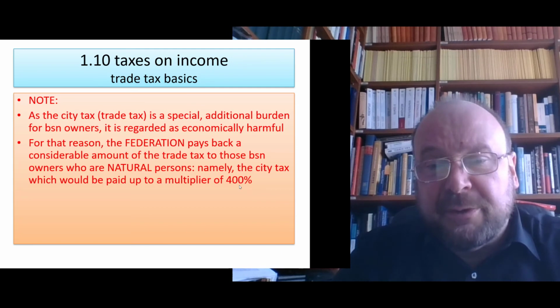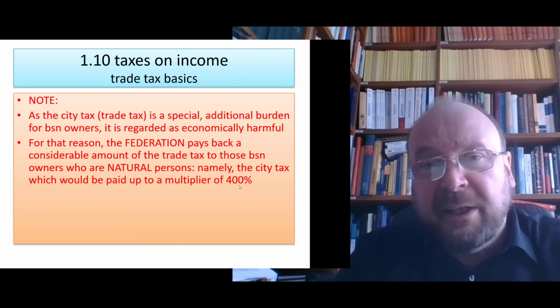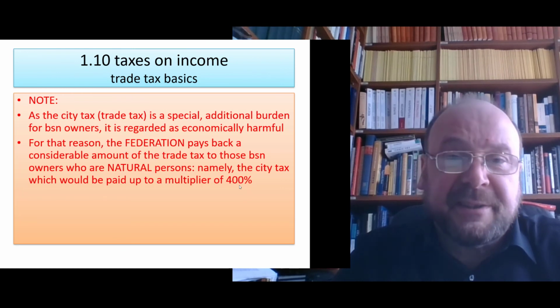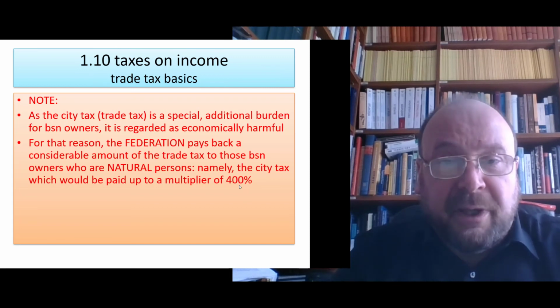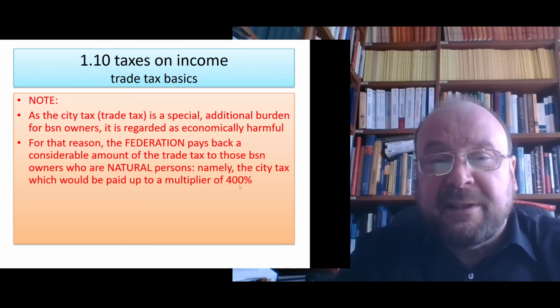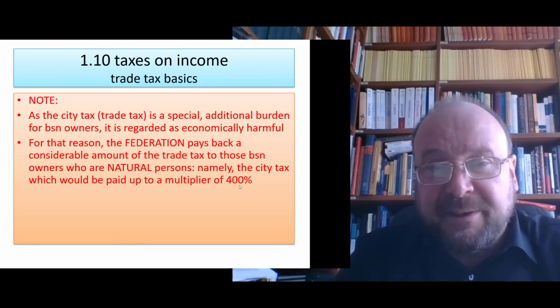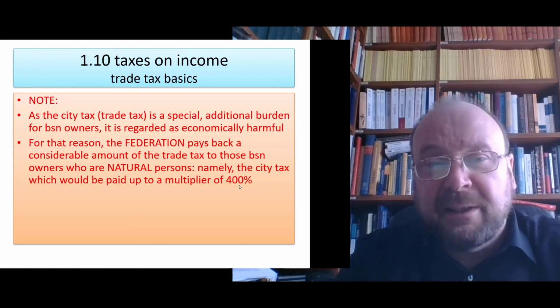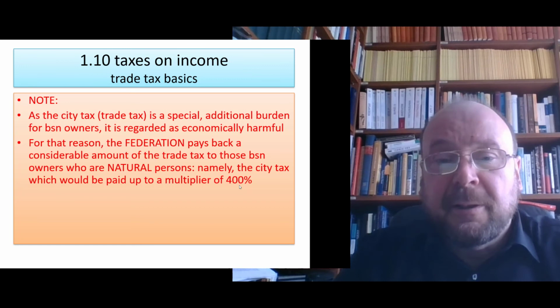Whereas all those inhabitants of the city who run a corporation, let's say a small GmbH or a medium-sized AG, so that they pay corporation tax on their business profits, they have to pay trade tax, and the trade tax will not be credited at all. So they will fight against any individual small increase of the trade tax rate.